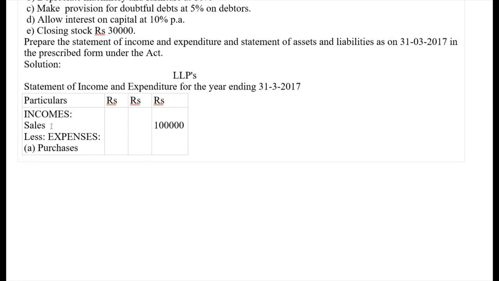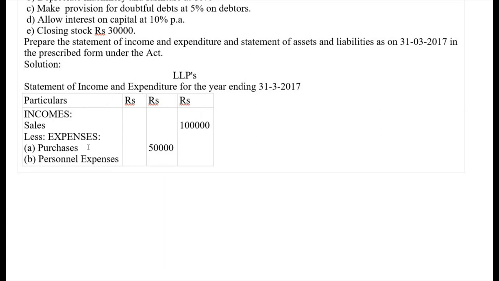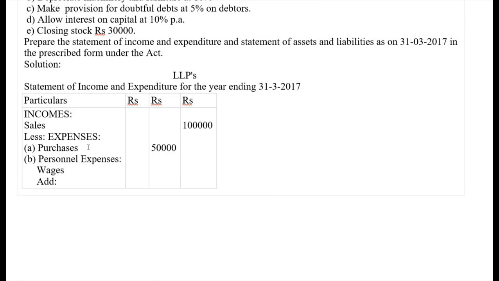So purchases are rupees 50,000 here. Then the next B, personnel expenses. So any expenditure related with the employees will come here. So under this we have got wages. So to this we should add outstanding here.